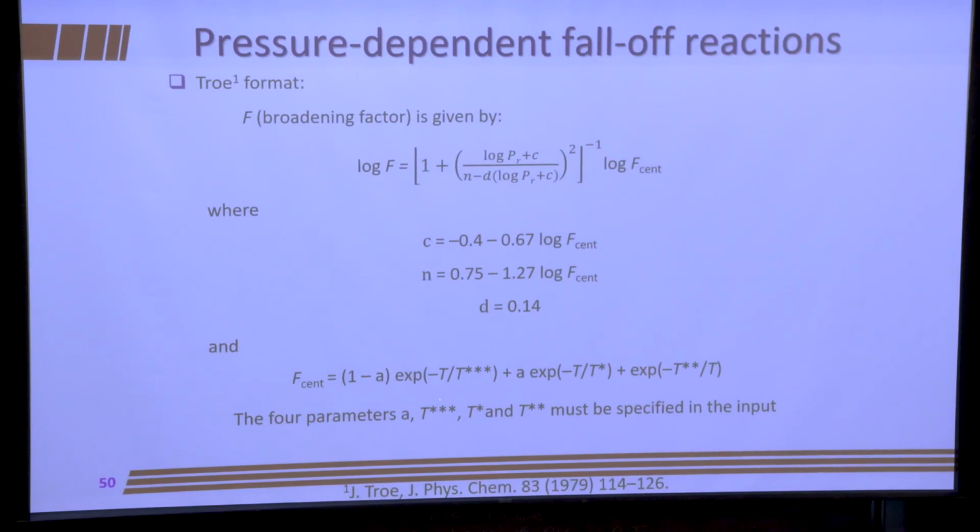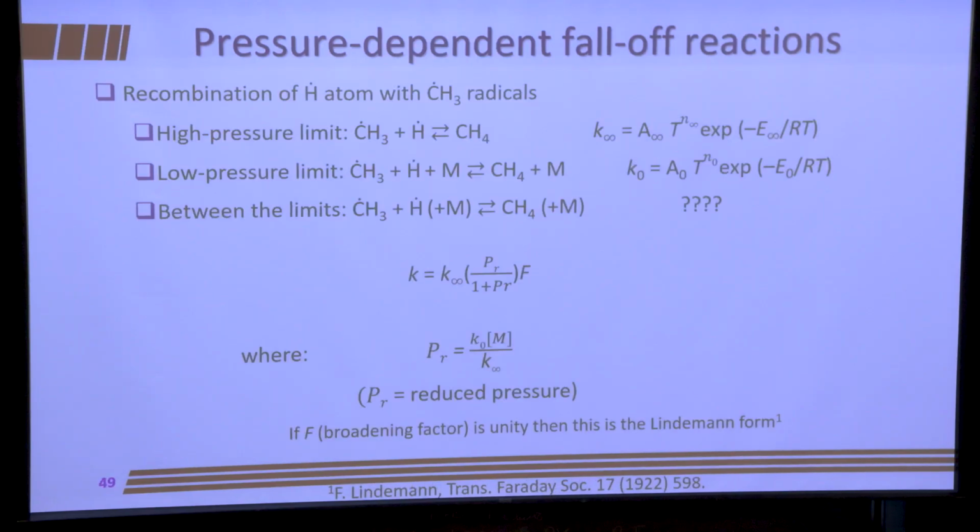If we're given A, T3, T1, T2, we can calculate F cent. F cent is then put into this equation here, so we can calculate C and N, and we know D, and then we can calculate log F. If we calculate log F, we can get the broadening factor F, and then the rate constant is equal to K infinity times the reduced pressure all over 1 plus the reduced pressure, times F at each M.